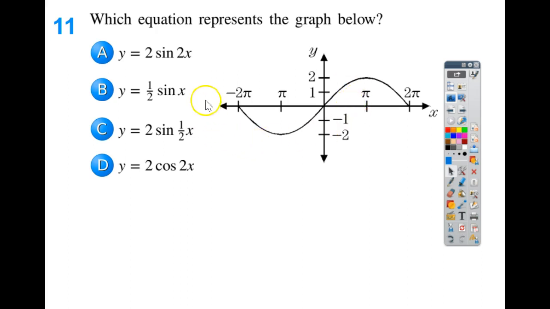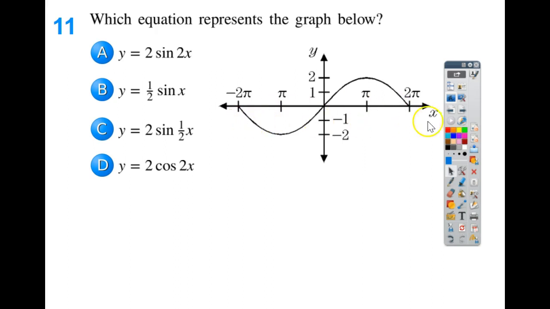So, all right, so we can eliminate B and D, right? So now even if you know nothing, you got a 50-50 shot, okay? So then here's the question. It says a half, and this one is 2. So when you're looking at your period, the period of sine is 2 pi, and if I divide it by 2, it's pi.